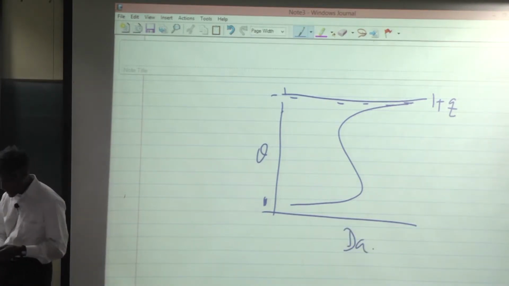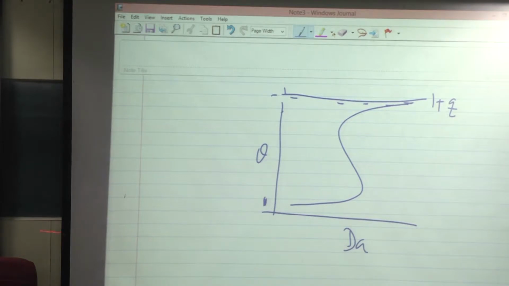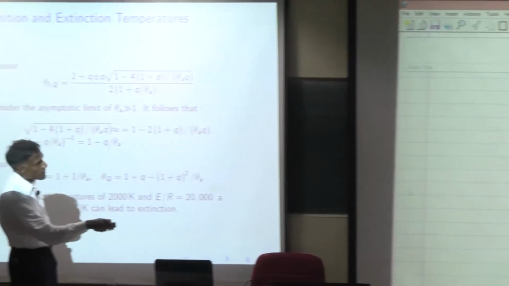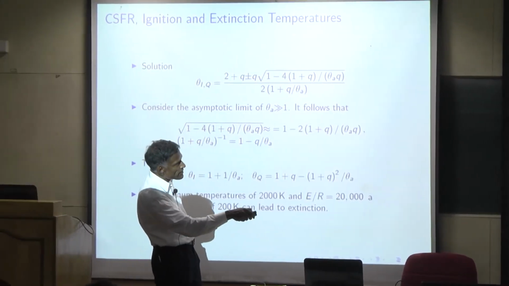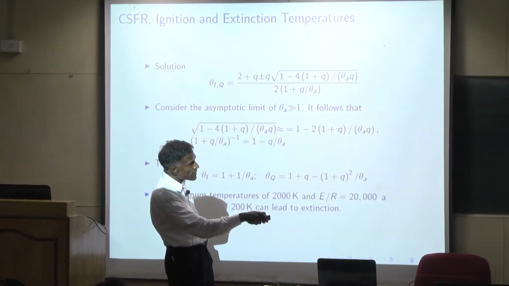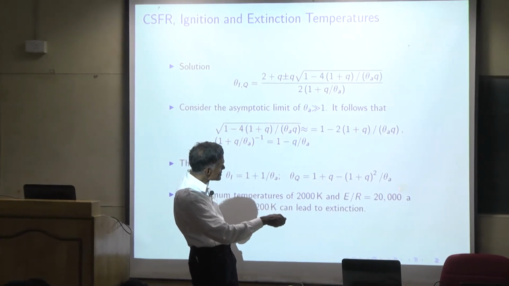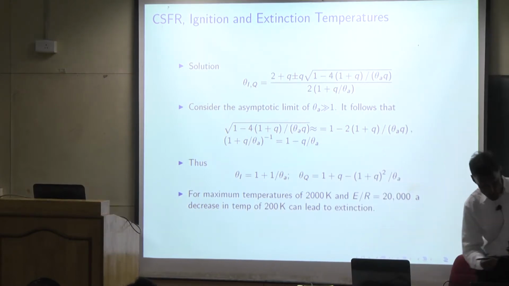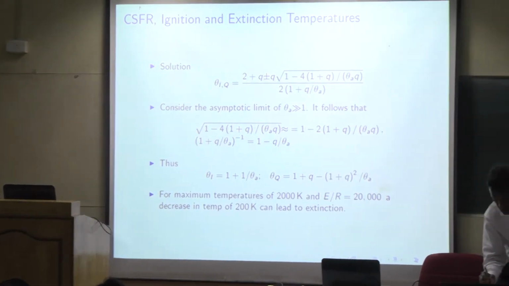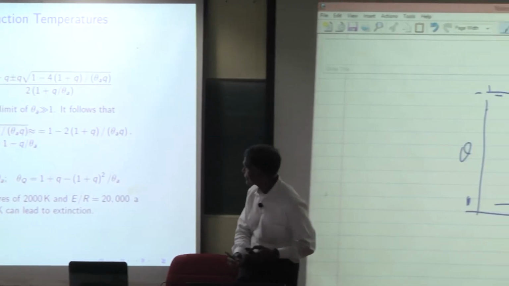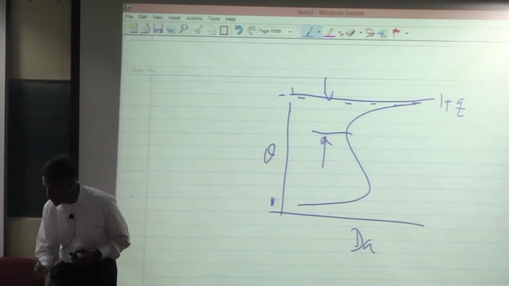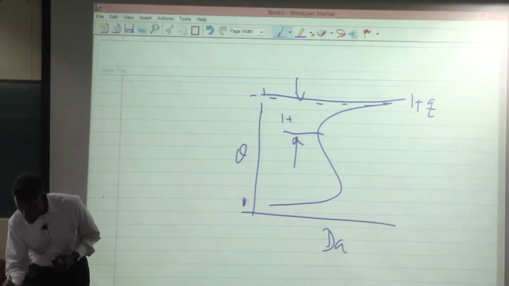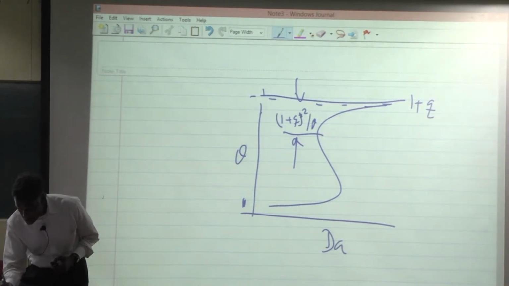So if you are in this part of the curve, the maximum temperature is 1 plus Q, and if you start decreasing the temperature, this distance here is 1 plus Q squared over theta.